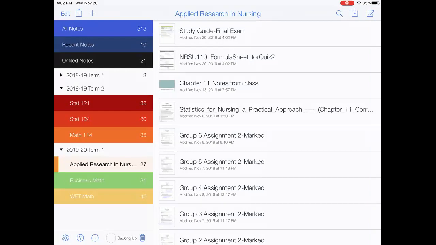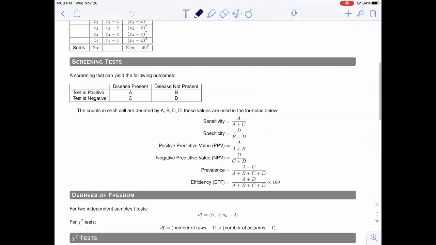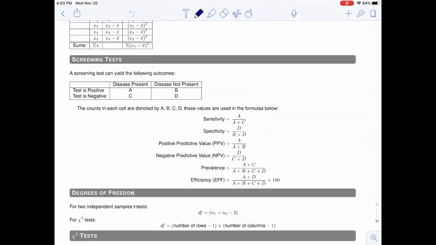But this is where your formula sheet will come in handy, right? It's going to be when you have to talk about sensitivity, specificity, PPV, negative PV or NPV, prevalence, efficiency. Only some of those are on the study guide, but in general, they're all on your formula sheet, right?